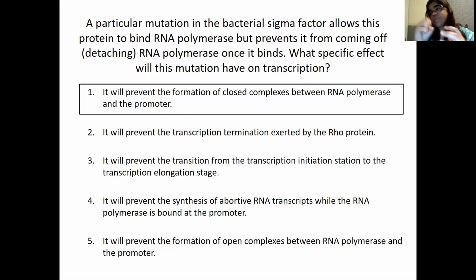Once the polymerase reaches the promoter, the sigma factor has to go away for anything to happen. So it ends up preventing that closed complex between the RNA polymerase and the promoter itself. I hope that makes sense.